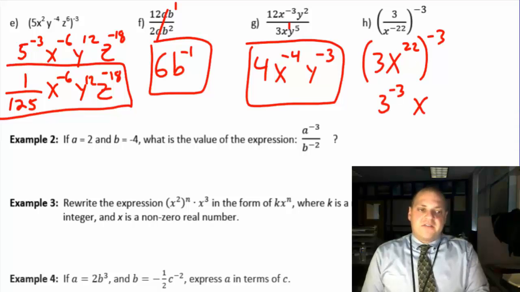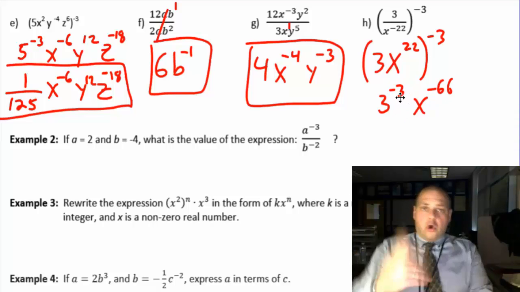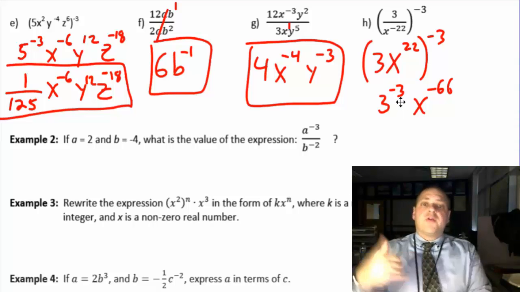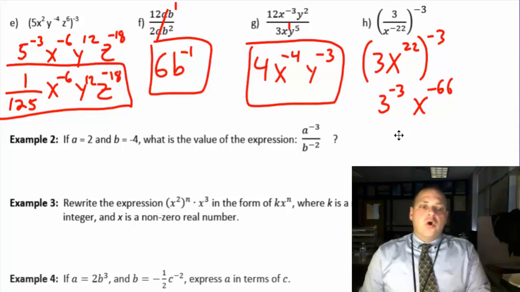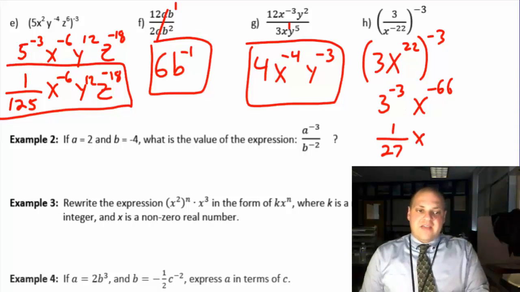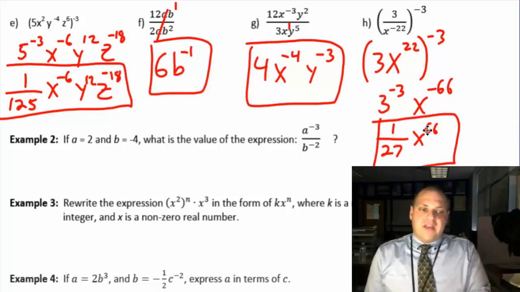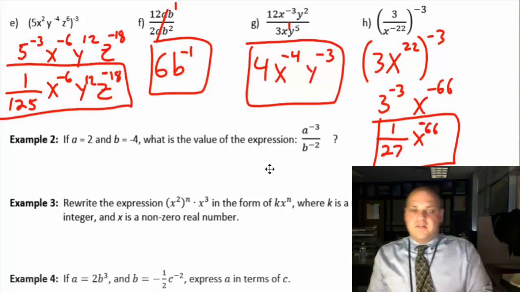And then x to the negative 66th. Okay, and then 3 to the negative 3 we can do. We can just do 1 over 3 to the third. 3 to the third is 27. So 1 27th, and then x to the 66th power. 1 over 27 times x to the 66th power. Oh, negative 66. X to the negative 66.